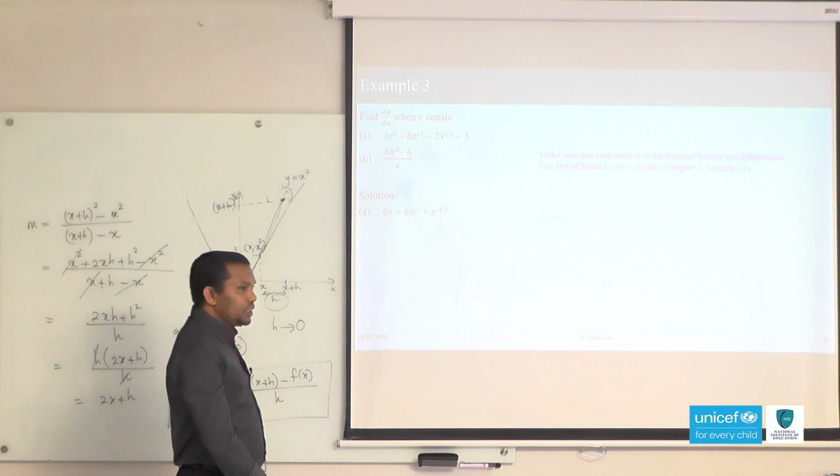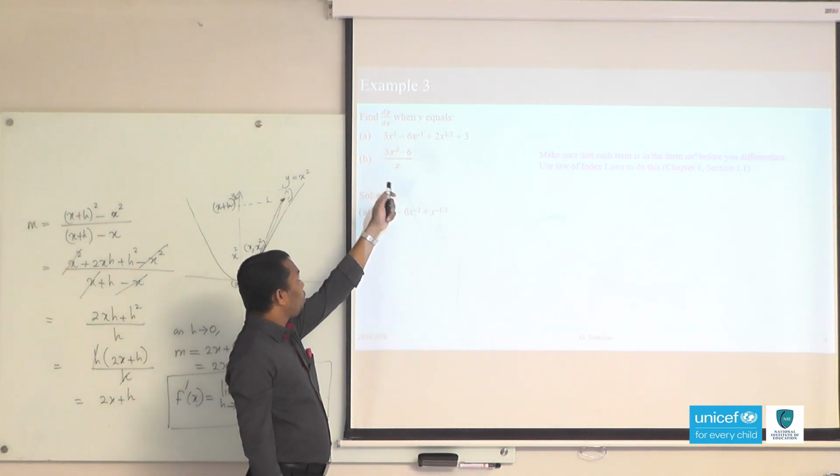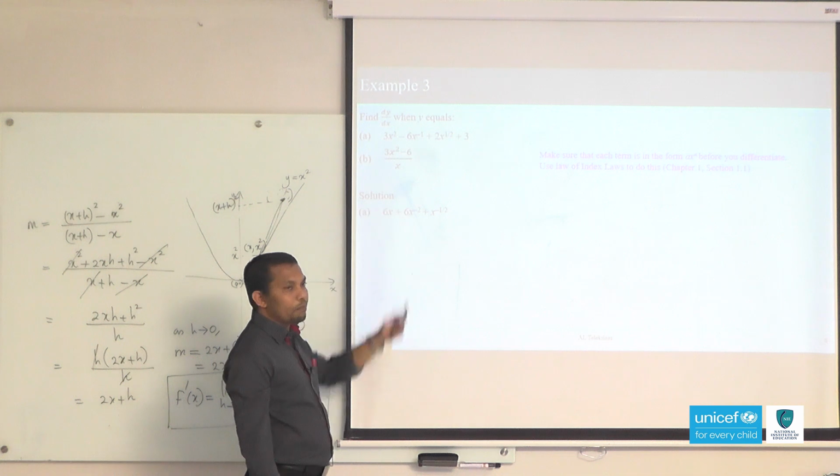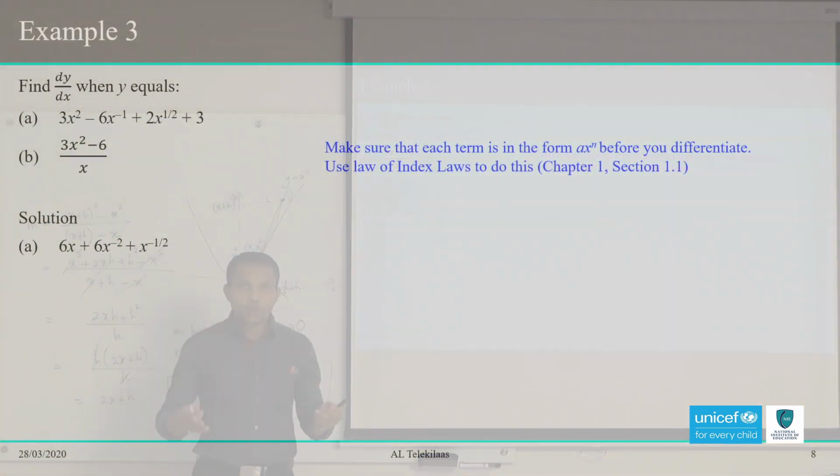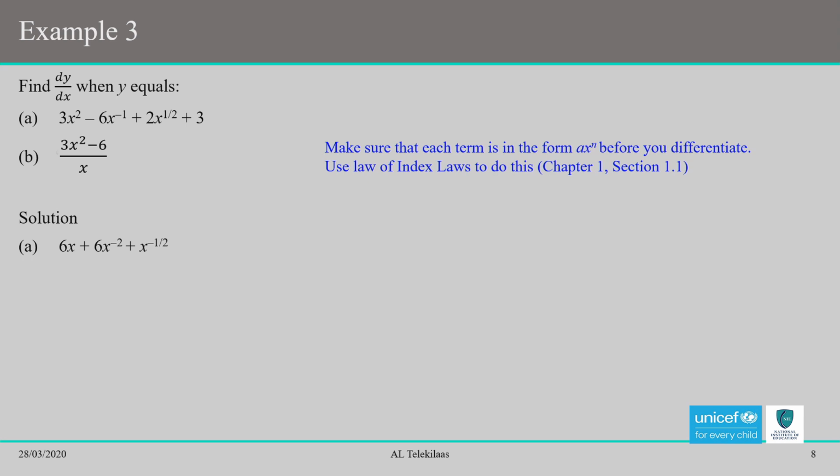The second example is a little complicated: 3x squared minus 6 divided by x. Always make sure before you start differentiation that all the terms in the expression are written in the form ax to the power n. You can do that using the laws of indices that you have studied in chapter 1, section 1.1.